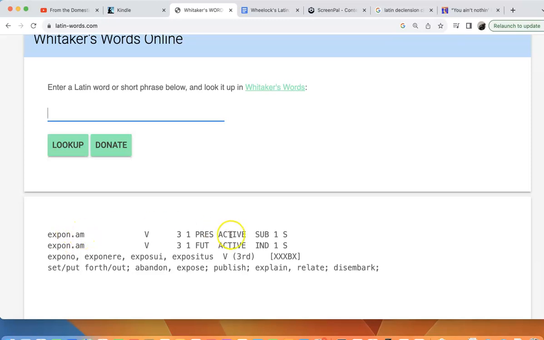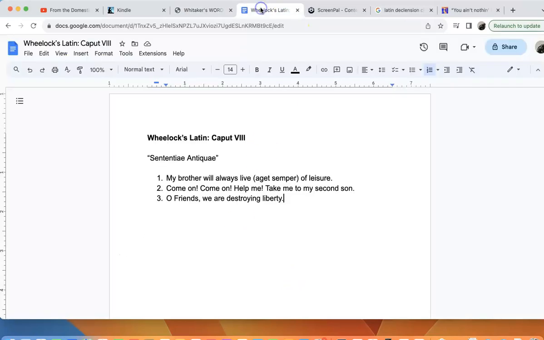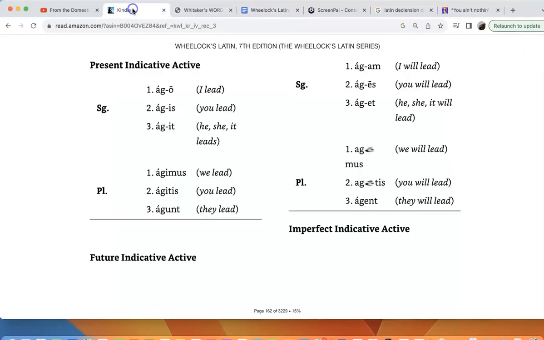So exponam, now here it could mean present active subjunctive, but here we just use common sense. We haven't had subjunctive yet, so it's not going to be that. So here we're going to follow the future active indicative first person singular. And so we're going to say I will explain, or if you want to use British English, I shall explain. So I will explain for exponam.